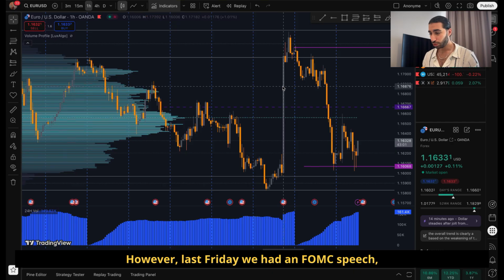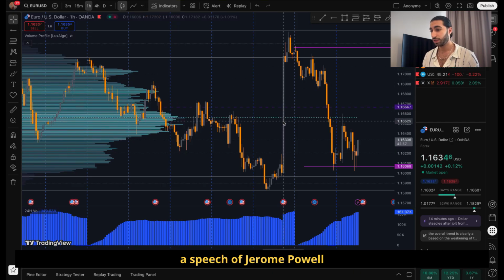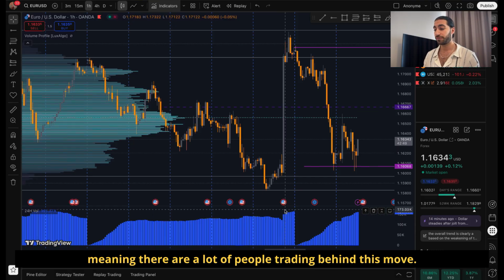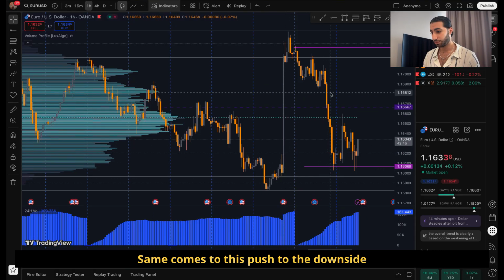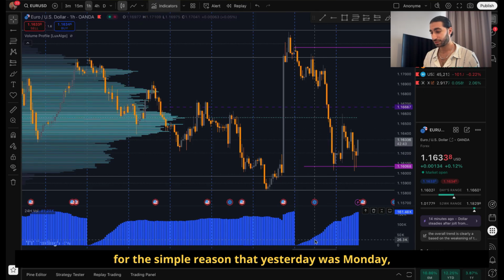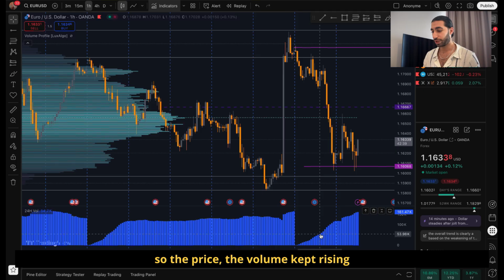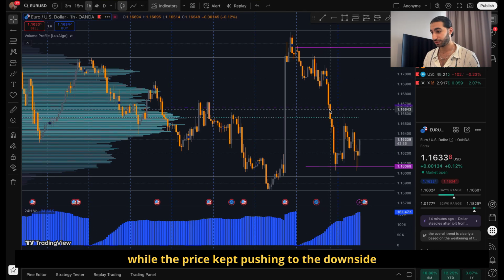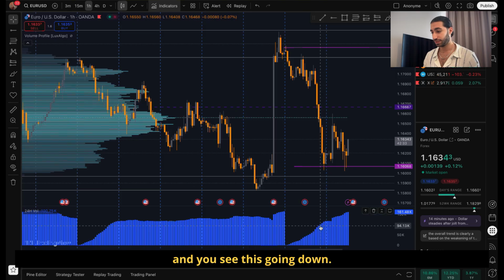However, last Friday we had an FOMC speech, a speech of Jerome Powell, and you see here that we had a high volume, meaning there are a lot of people trading behind this move. Same comes to this push to the downside for the simple reason that yesterday was Monday, so the volume kept rising while the price kept pushing to the downside, and you see this going down.